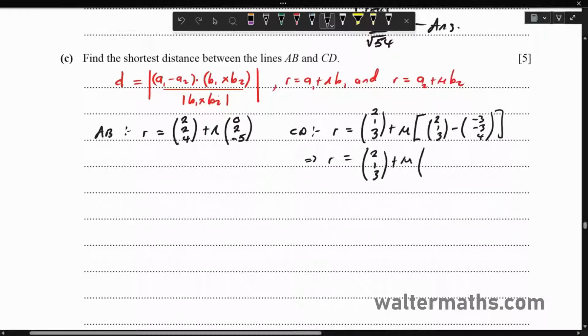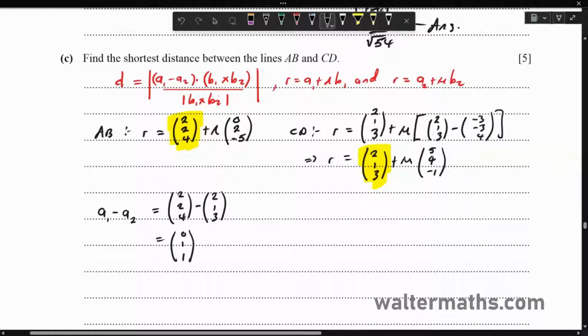Alright, so now we want to find a1 minus a2, which we are making use of. This is a1 and this is a2, so that'll give us (2, 2, 4) minus (2, 1, 3), which is equal to (0, 1, 1).